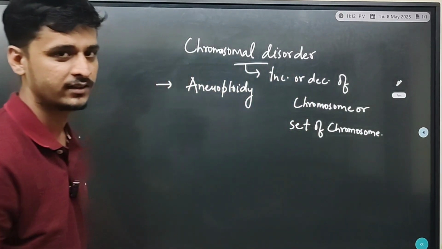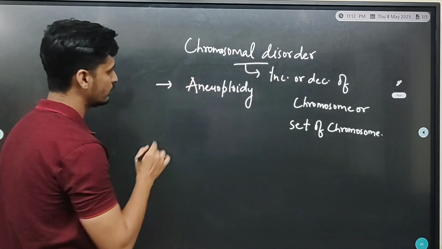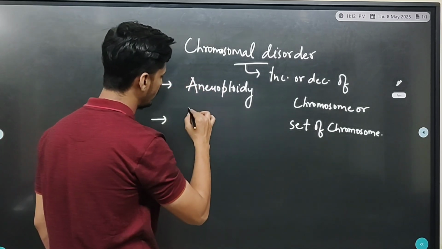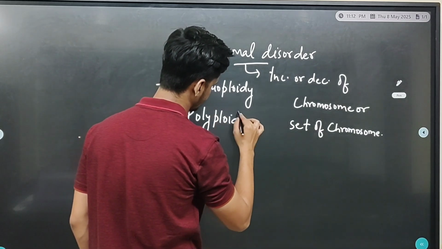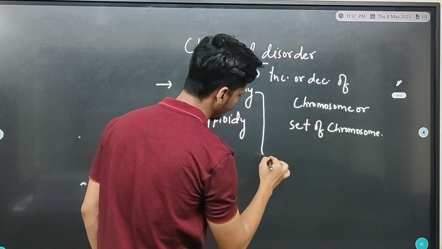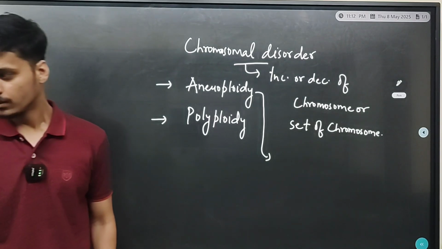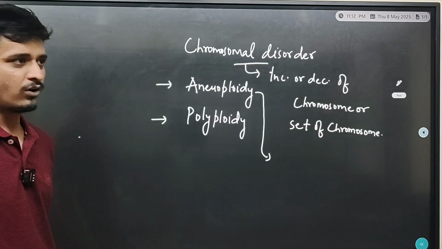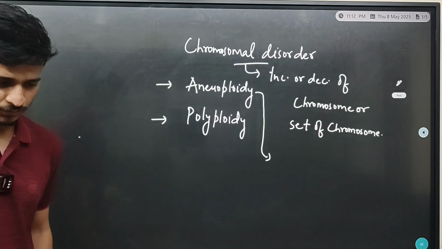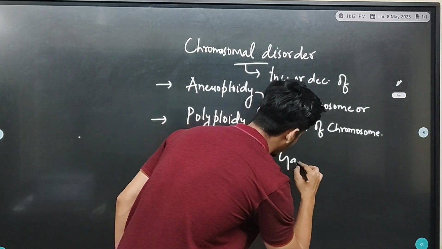When the whole set is increased or decreased, it will lead to chromosomal disorder. So two things are there in chromosomal disorder: aneuploidy and polyploidy. What is aneuploidy? Aneuploidy is whenever there is gain or loss of a single chromosome.